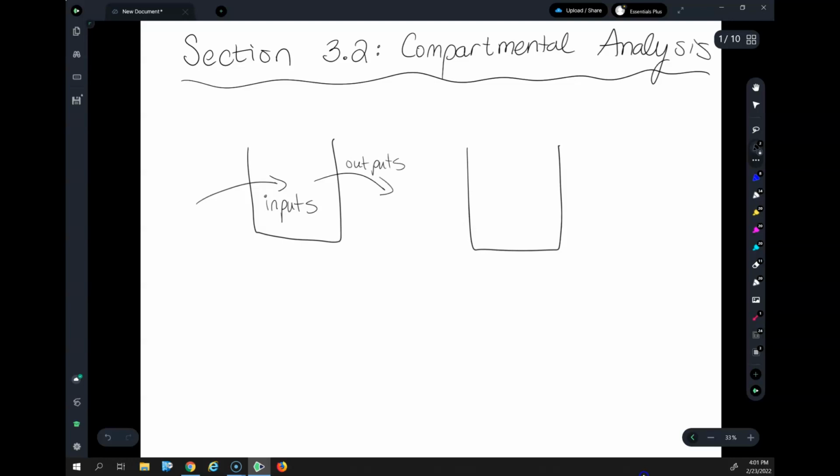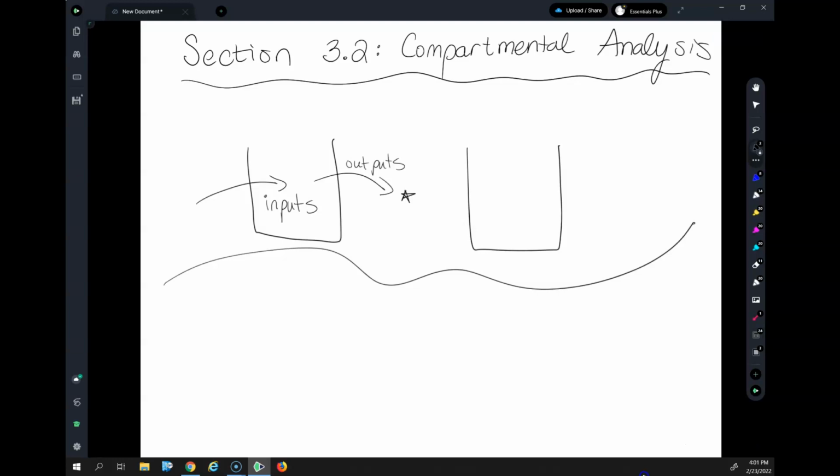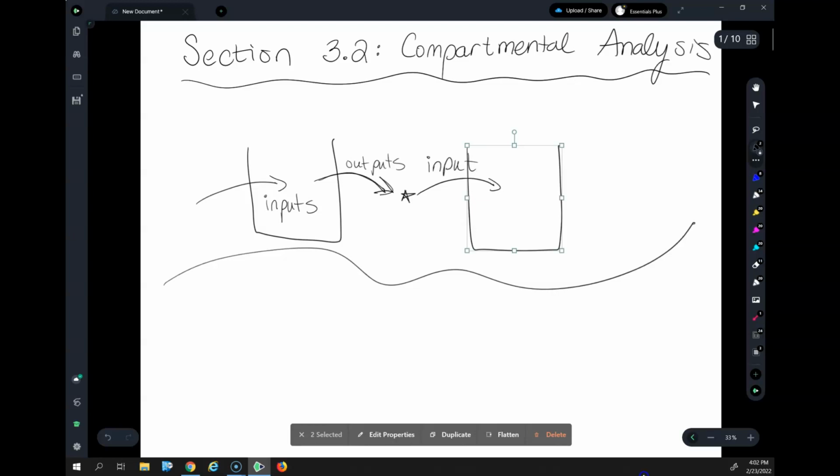And we can simplify the solving process if we take this big complex problem and break it into these little compartments where the output from one compartment will serve as the input for the next.